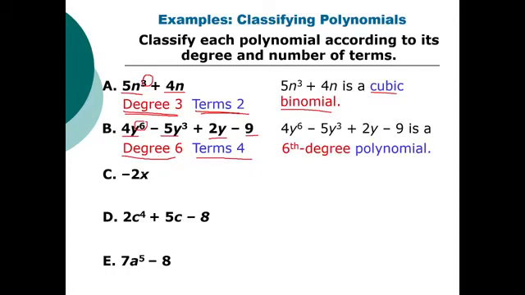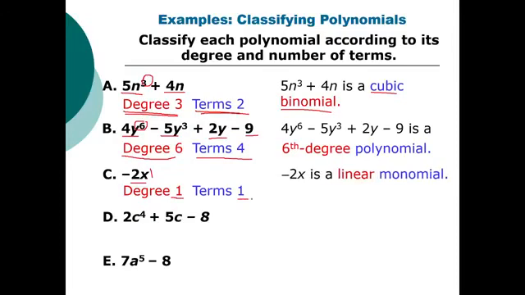Next, for letter C, negative 2x. What's the degree? The degree is 1. How many terms are there? You only have 1 term. So the degree is 1, and you only have 1 term. So this is a linear monomial. That's totally right.